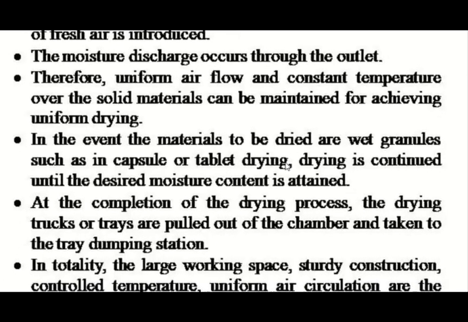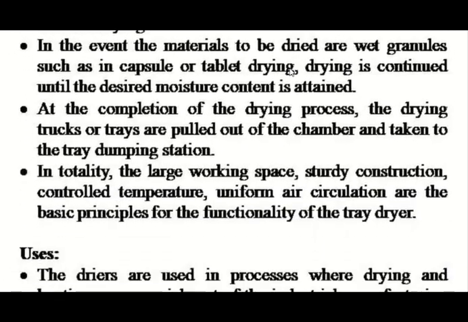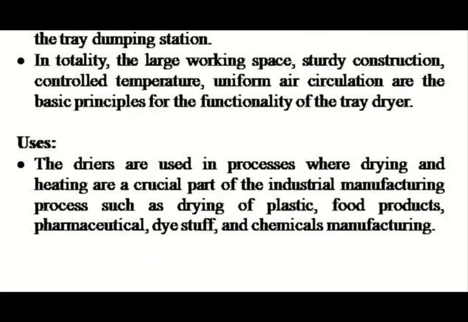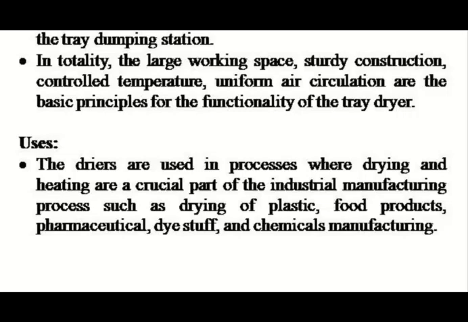In totality, large working space, sturdy construction, controlled temperature and uniform air circulation are the basic principles of functionality of tray dryers. Very simple: the air is introduced and the moisture is slowly removed from the surface first, then through capillary action from the interior of the pellet, so that the material gets dried.